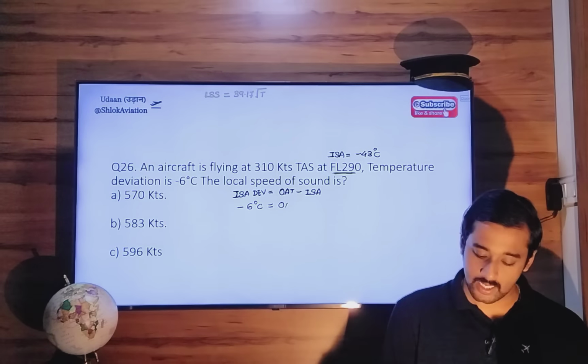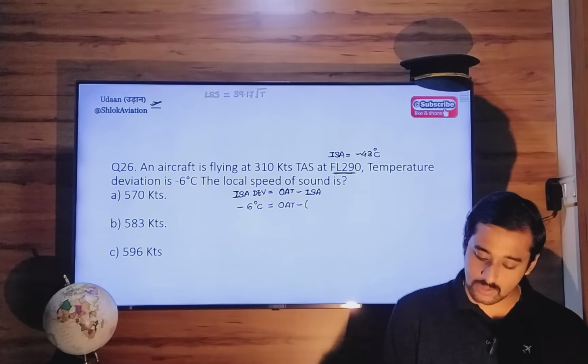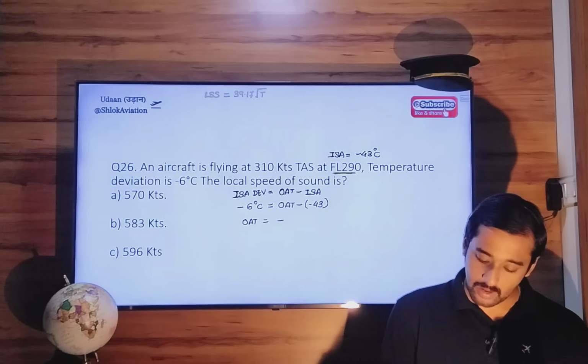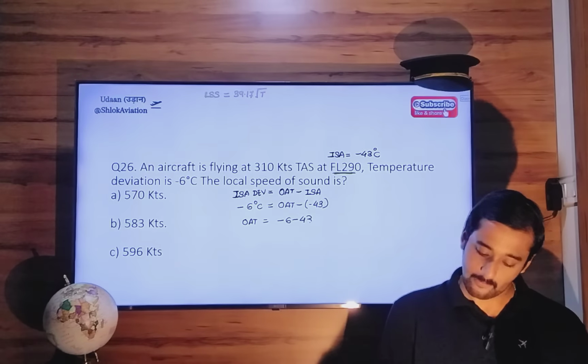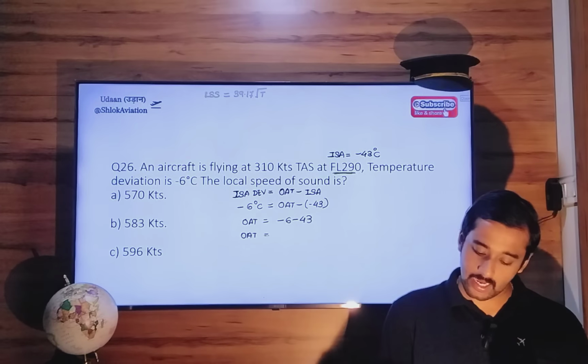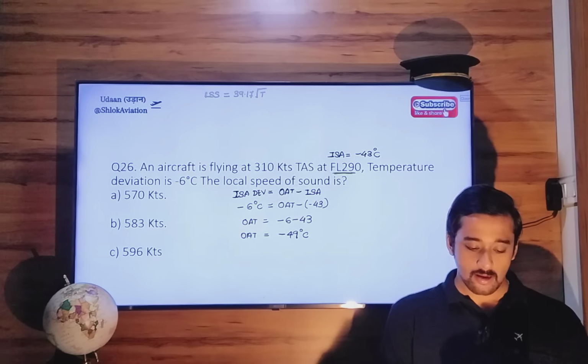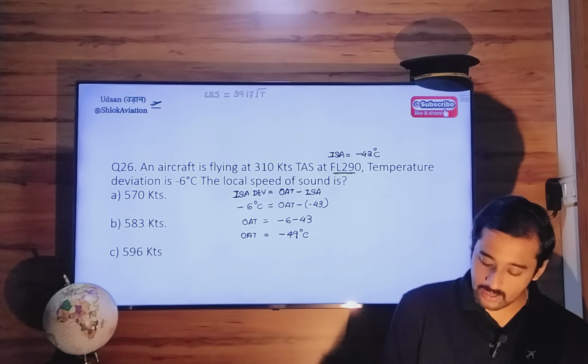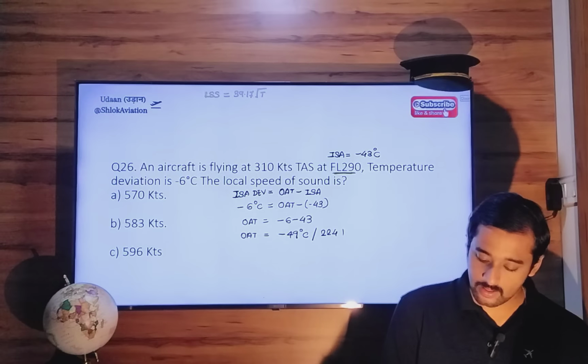We do not know outside temperature. ISA temperature is minus 43. So outside air temperature will be minus 6 minus 43, so outside air temperature will be minus 49 degrees Celsius. Minus 49 is nothing but 224 Kelvin.